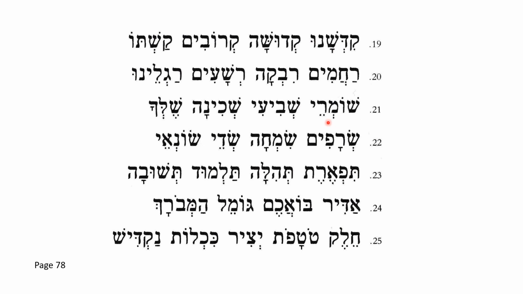If there's a short vowel before the shava, such as here, then the shava is silent. So that's why this would be shomerei rather than shomrei. But when you hear it pronounced, you'll hear it both ways. So not a big deal, one way or the other.